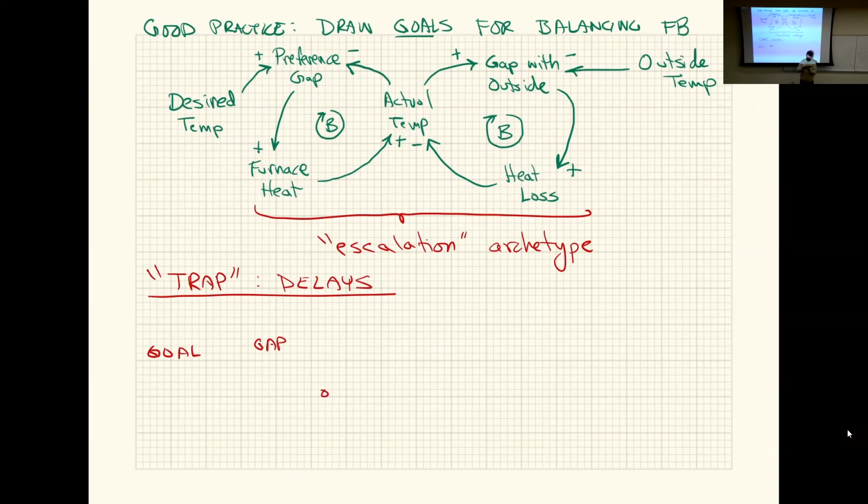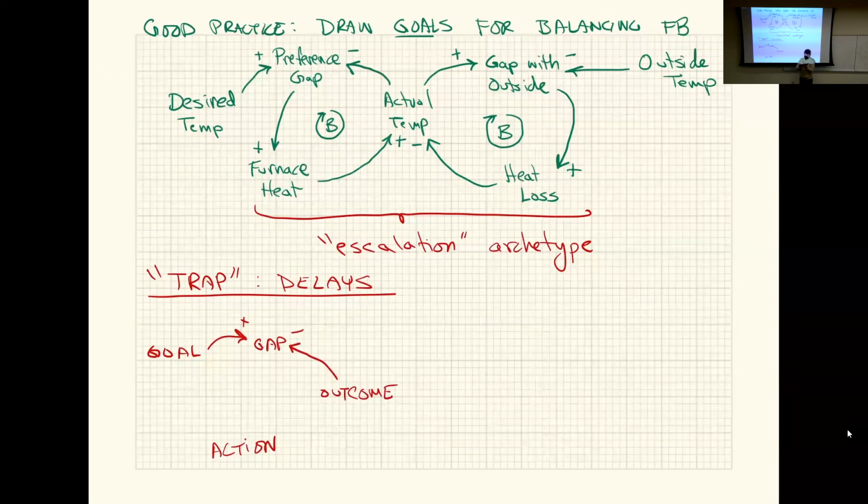So I'll say an outcome, I guess, and an action. And so basically your goal has a positive influence on the gap. The outcome has a negative influence on the gap. The gap has a positive influence on the action. The action has a positive influence on the outcome. And so you get this balancing feedback loop, just like we had above.